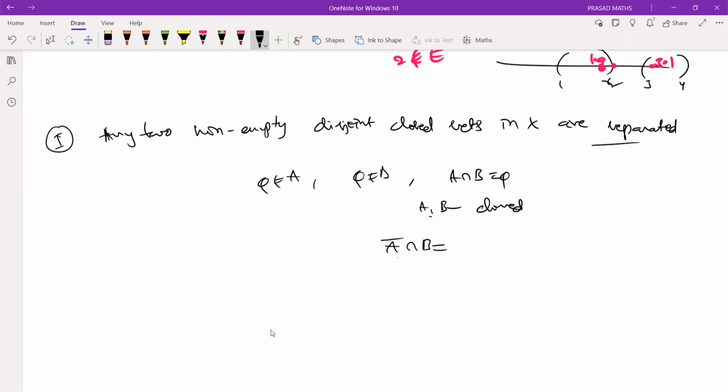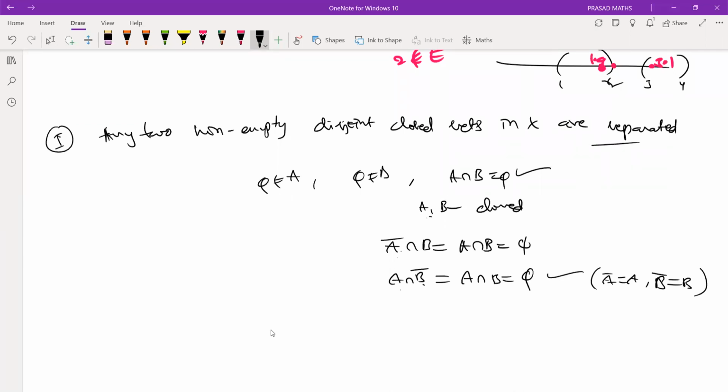But A is a closed set, so A closure is A. Since they are disjoint, A intersection B is empty. Similarly, B closure is B, because B is a closed set. Therefore, A closure intersection B is empty, and A intersection B closure is empty. Therefore, they are separated sets.